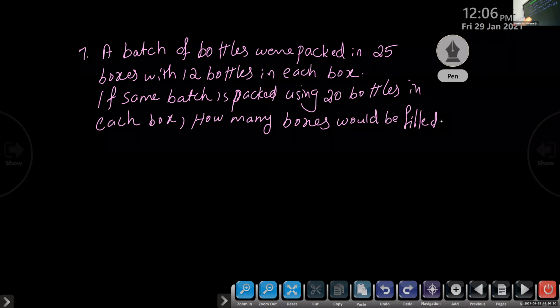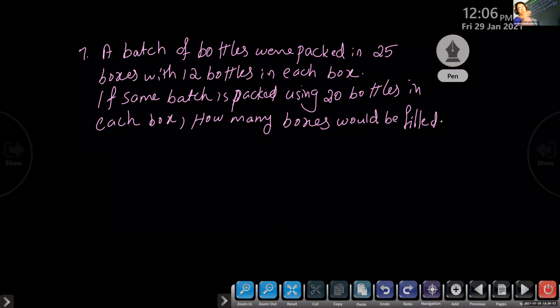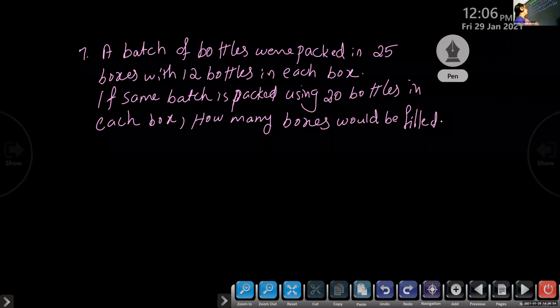If we increase the number of bottles in each box, the number of boxes will be reduced. When we increase the bottles inside the boxes, we need fewer boxes. Instead of 12 bottles, we are putting 8 more bottles in the same box, so some boxes will be left behind, isn't it?